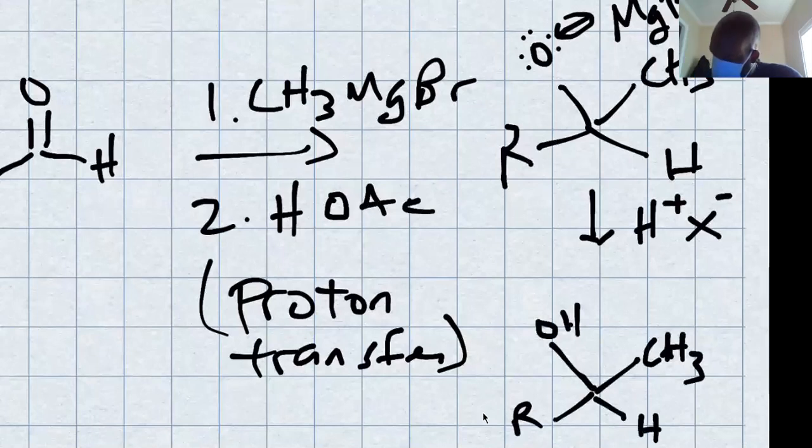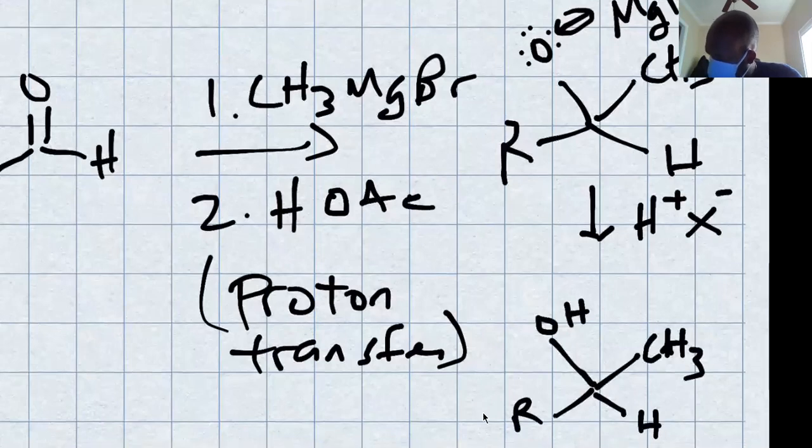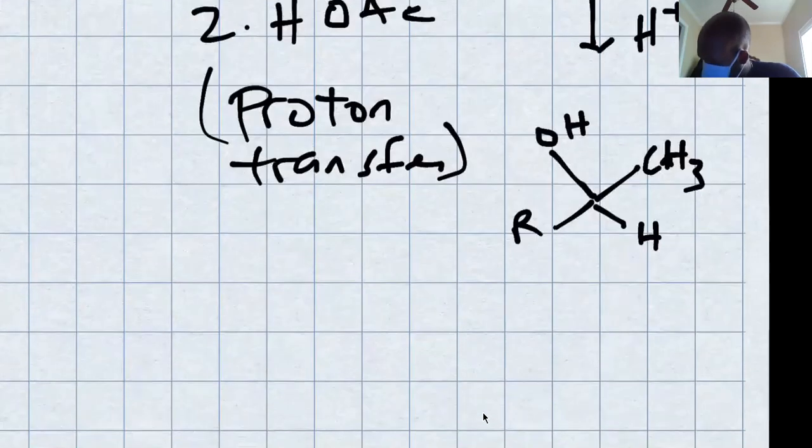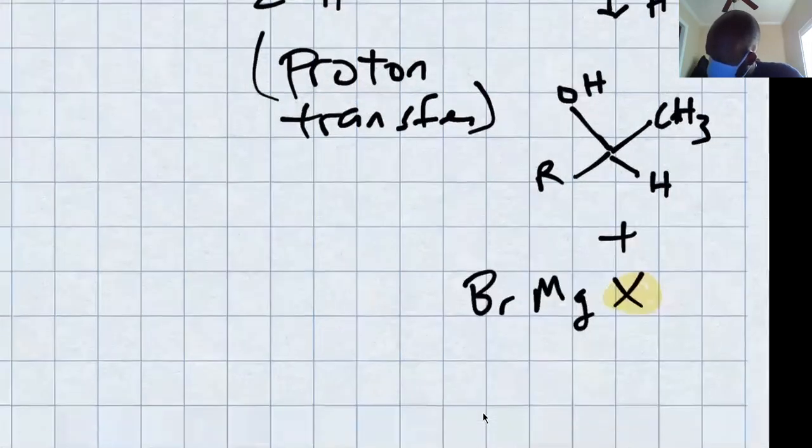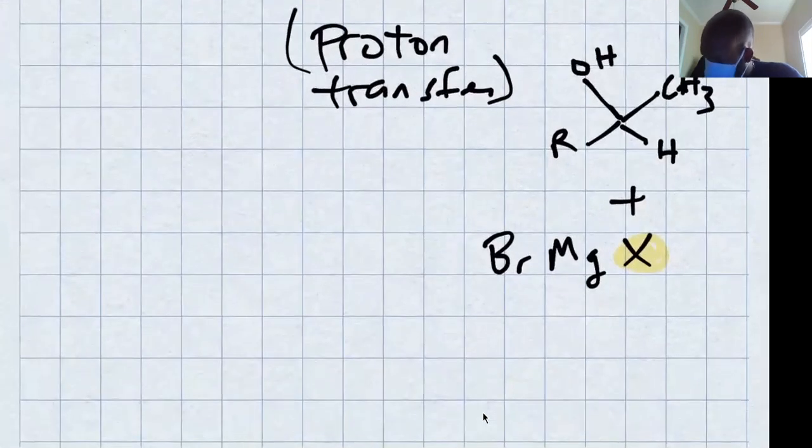That's your alcohol that you get out, and then whatever that conjugate base is of that acid is going to end up with your magnesium. So it'll be that plus, I'm going to put the bromine over here. I'm going to highlight that part. Whatever that conjugate base is from the acid, it ends up with magnesium.